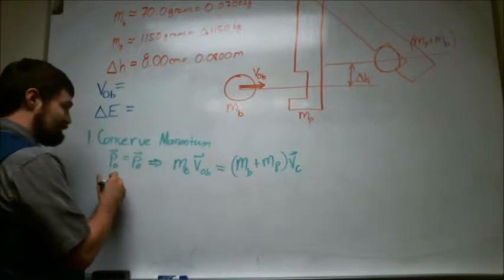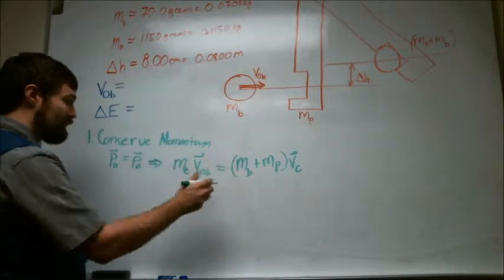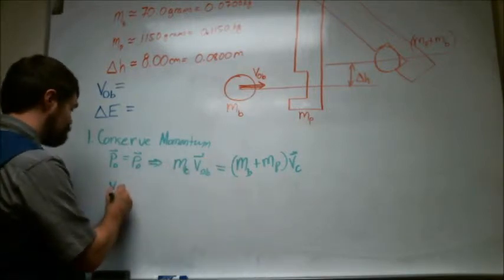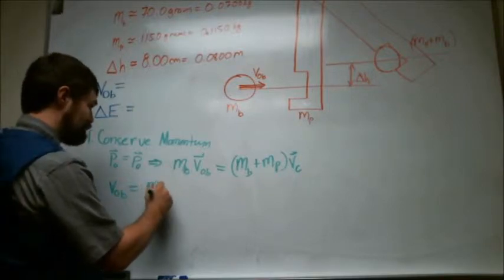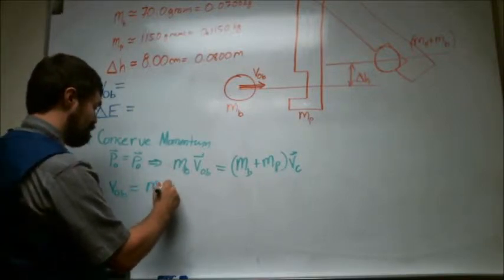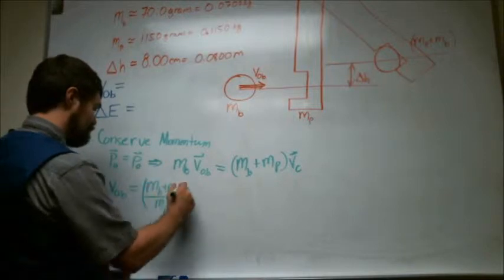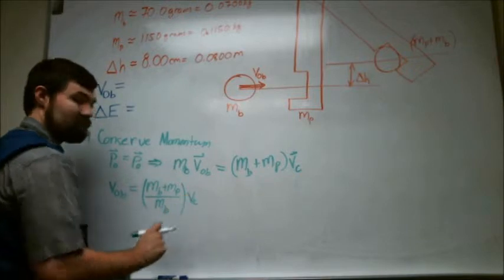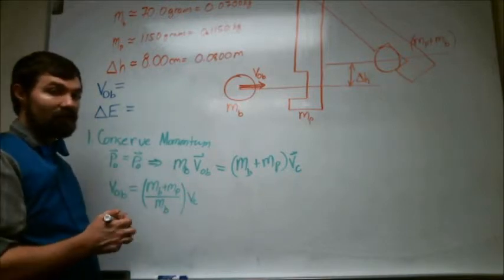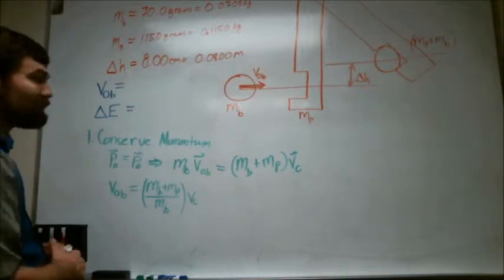What I'm ultimately looking for is a speed, so I'm going to drop my vector notation and just solve for the speed. This speed is equal to the total mass divided by just the mass of the projectile times the collision speed, the speed right after collision. That's what I get out of conservation of momentum.